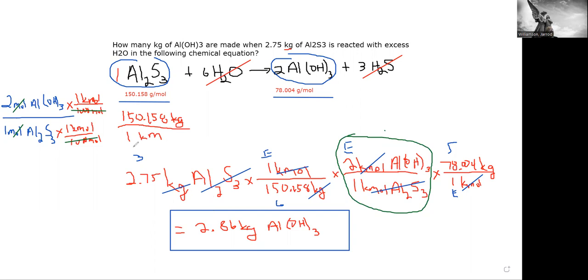As long as I do the same to top and bottom, 150.158 megagrams per 1 megamole works, and I could say 2 megamoles of this for every 1 megamole of that, or kilomoles or whatever. I hope this little trick helped. If you work through it slowly, you'll see that it really speeds things up. You get the same answer, and it will save you a lot of time. I hope that helps.